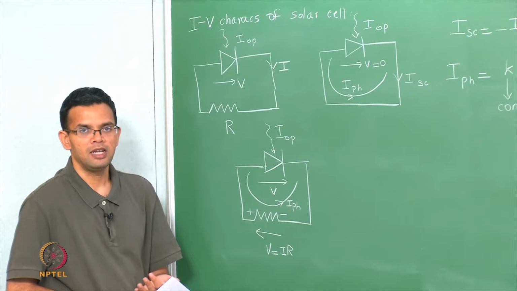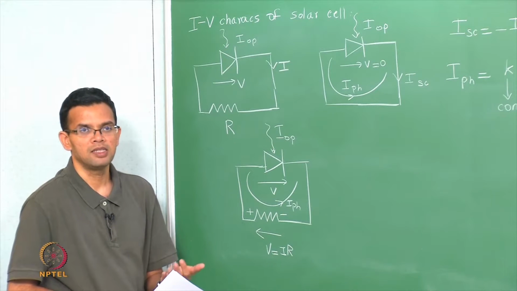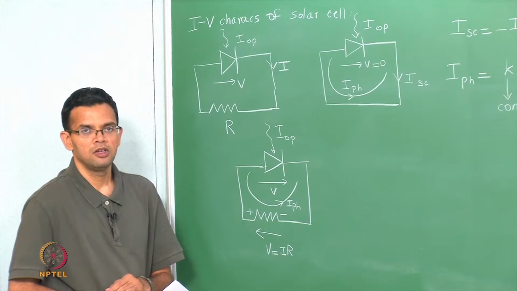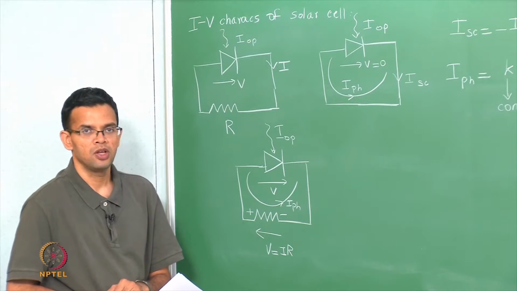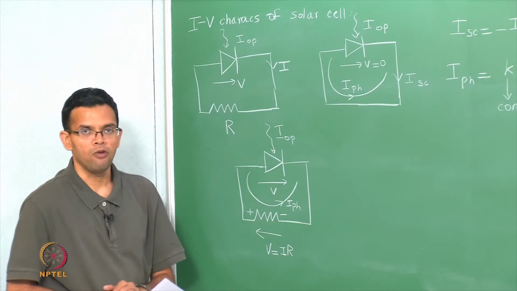So, this is equivalent to saying that you are forward biasing your p-n junction, so that now it is easier for the minority carriers to diffuse, so that you have a forward bias current.